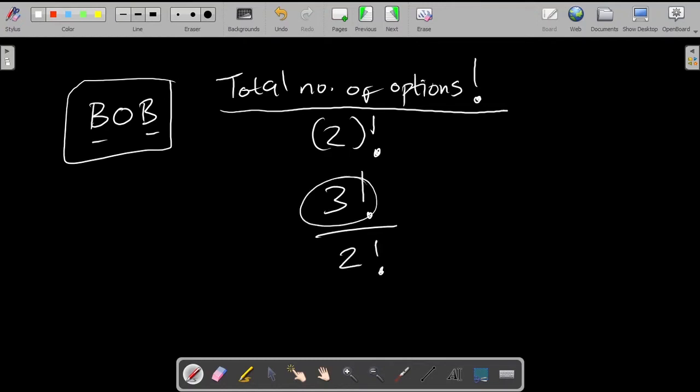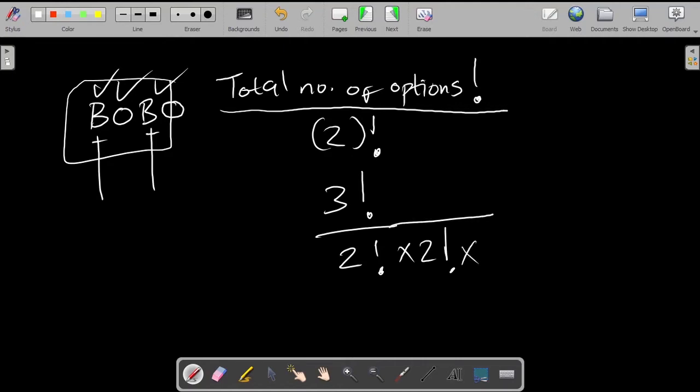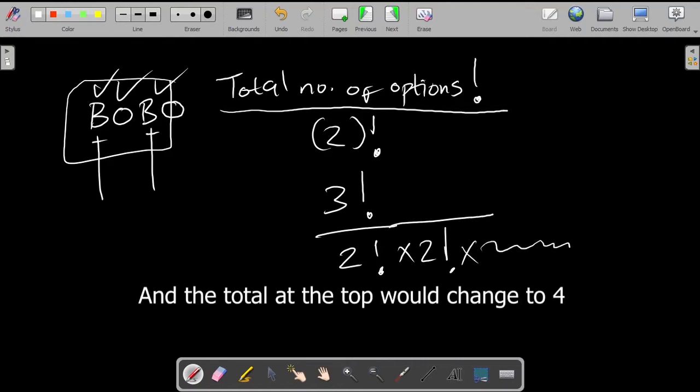At the top is the total number of letters, and at the bottom you have the factorial of the number of repetitions of a certain type of letter. So if you had a different letter which repeated, let's say it was BOBO, you multiply that as well. So you multiply everything that repeats down here, right? So that is the general form of how you do this.